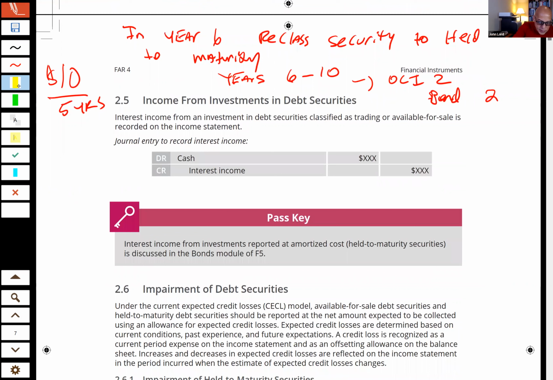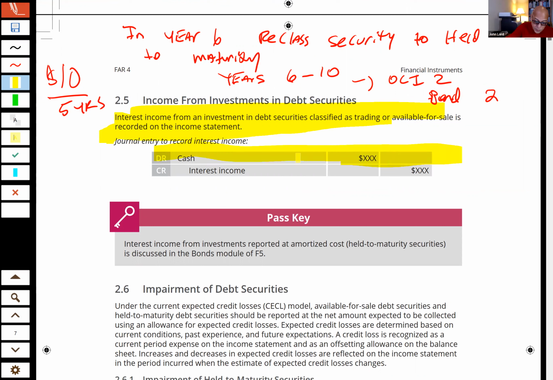Okay, good. Now you come over and obviously, don't forget, guys, if it's a debt instrument, we still would have what we still would have, and I don't know why they're limiting it to trading and available for sale here. Because if it was held to maturity, there would be interest income.